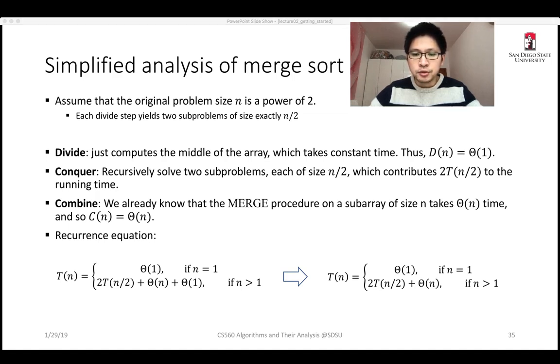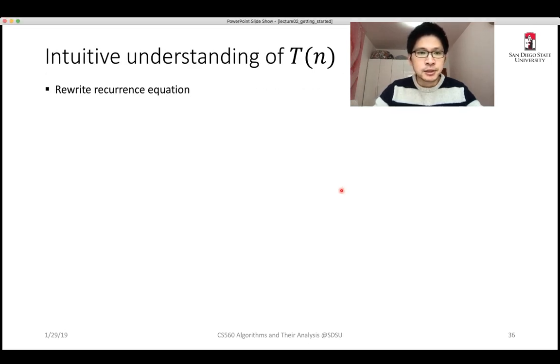What we can do is to rewrite the constant term as c, and theta of n as c times n, so that we can have some intuitive understanding of what mathematical form T of n should be.